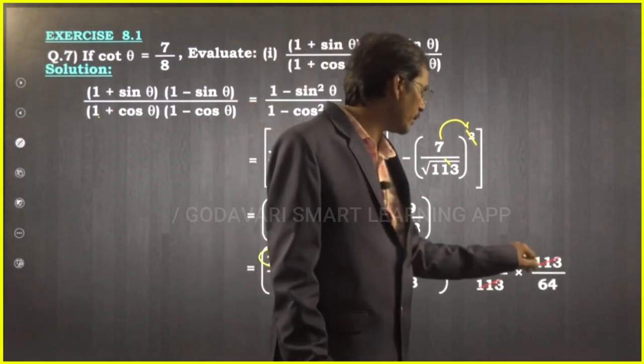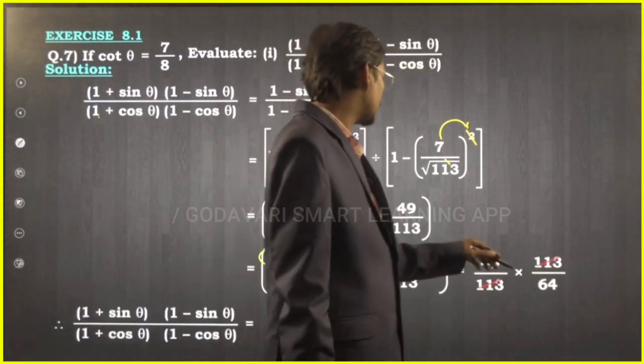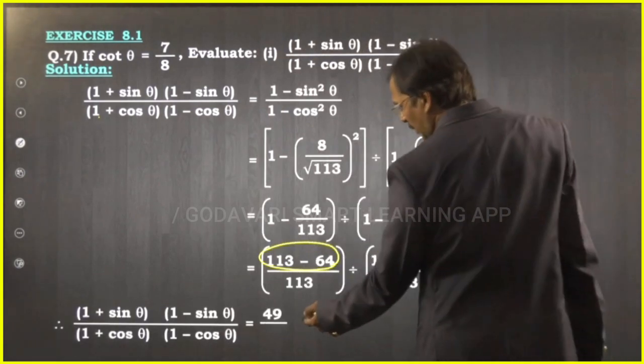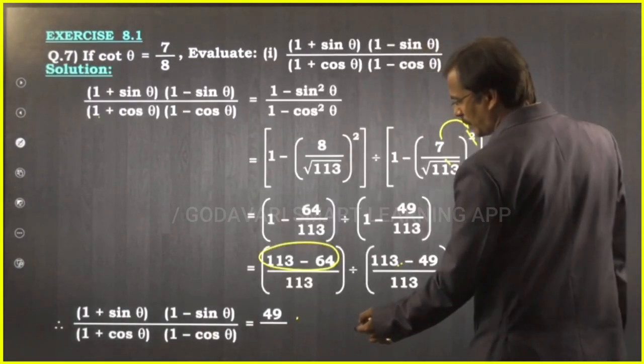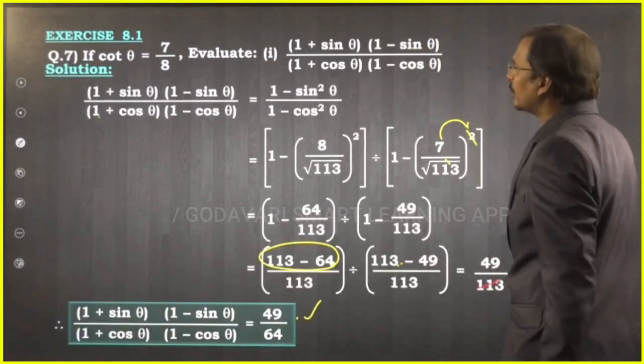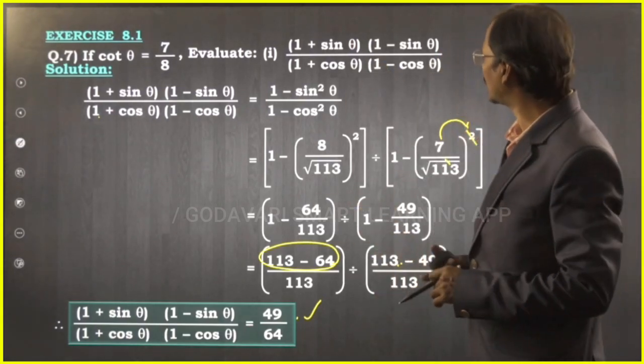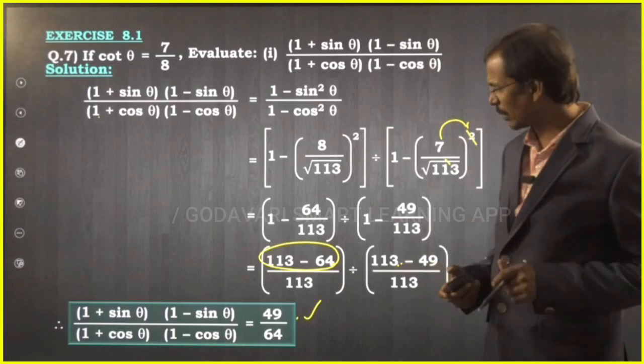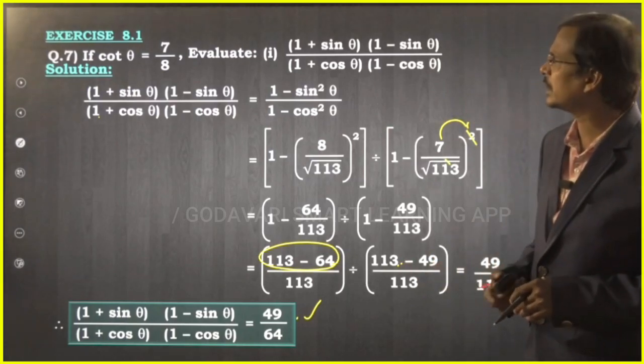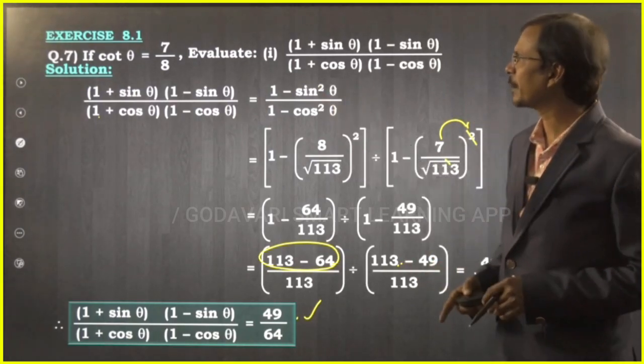Here 113 and 113 cancel, so 49 by 64. So that is the answer, 49 by 64. So finally (1 plus sin theta)(1 minus sin theta) by (1 plus cos theta)(1 minus cos theta), the total value is 49 by 64. This is question number 7.